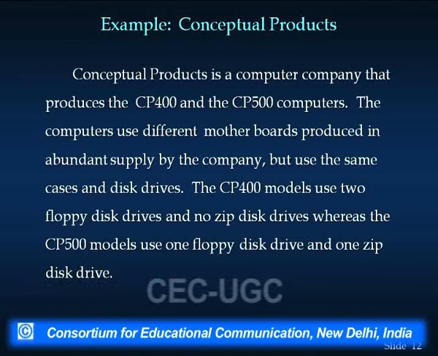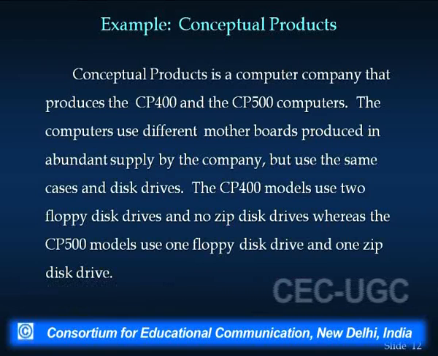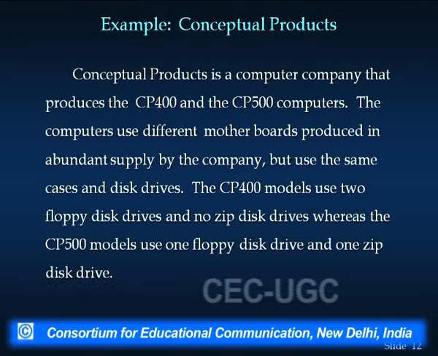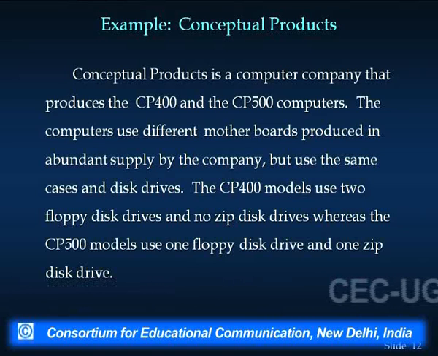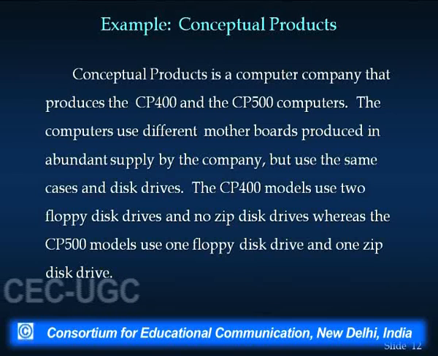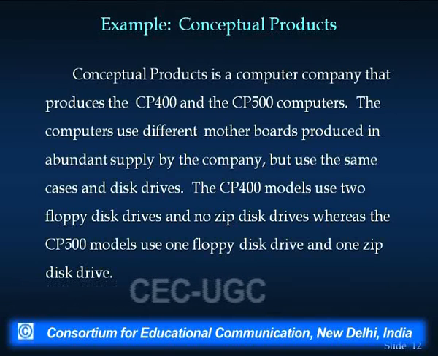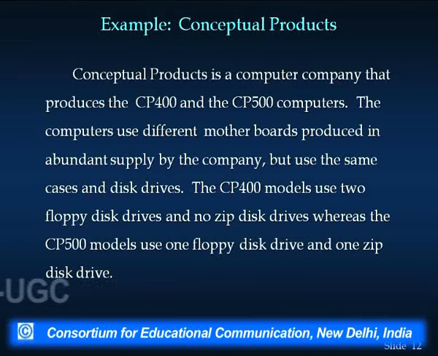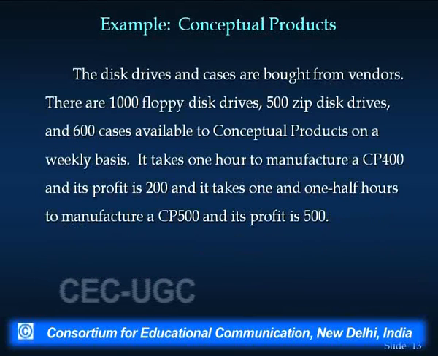And both the computers use motherboards which are available in abundant supply because these are produced by the company itself. And then floppy disk drives and zip disk drives are to be used in these computers. Their quantity, etc. is also mentioned in our next slide.